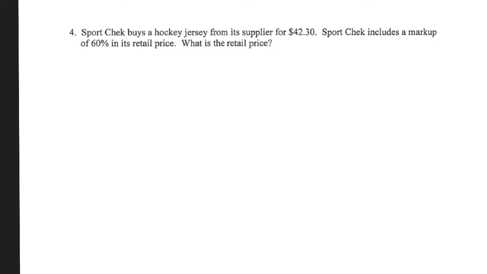Okay, how much is Sport Chek going to actually sell that jersey for then? We're going to deal with this the long way again. The long way would say, well, we need 60% of $42.30. Well, 60% is 0.6.